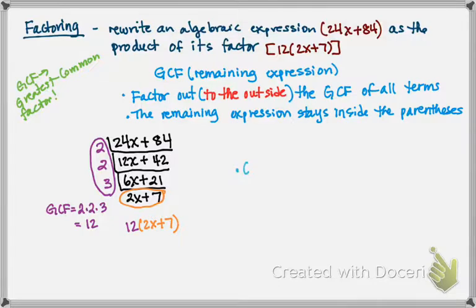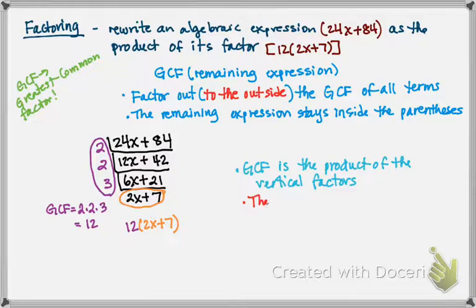Okay, so again, let's take a couple little notes over here. GCF is the product of the vertical factors. The second factor in the parentheses is the expression at the bottom.